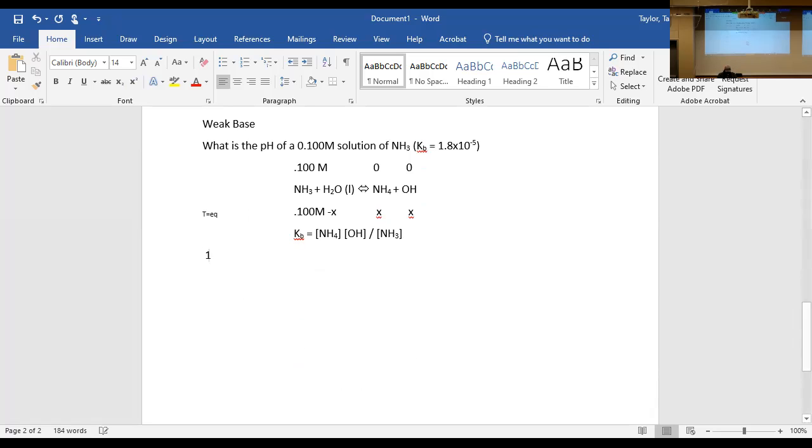Then we know that Kb is equal to 1.8 times 10 to the -5th. And that is going to be equal to, when we plug in these values, X squared divided by 0.100 minus X. And then we do the same thing that we did for the other problem. 0.100 divided by 1.8 times 10 to the -5th.